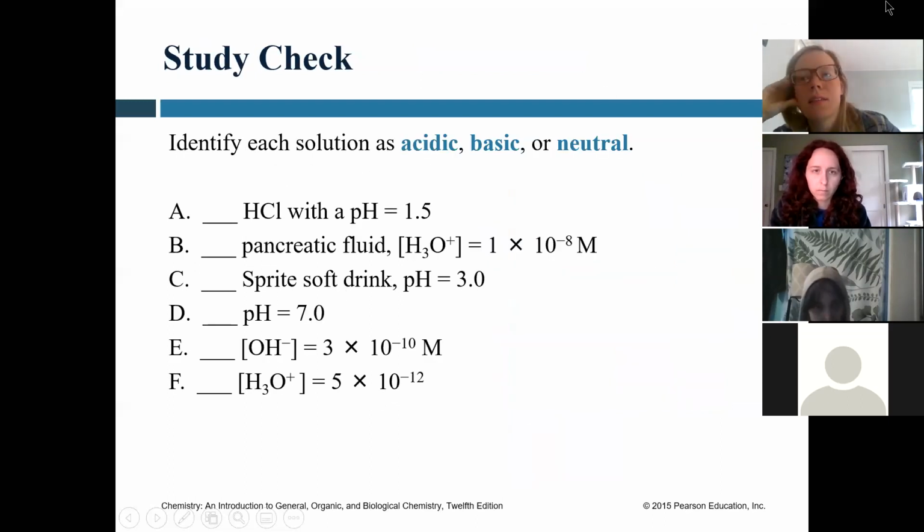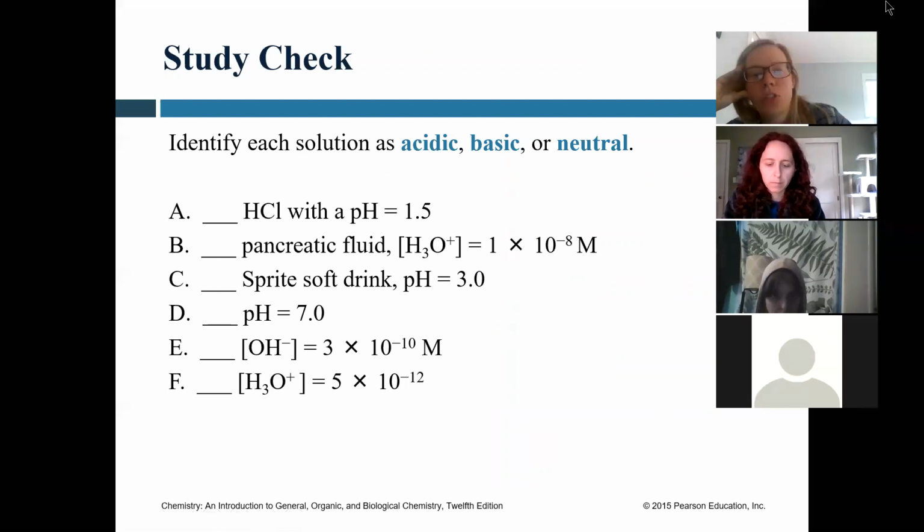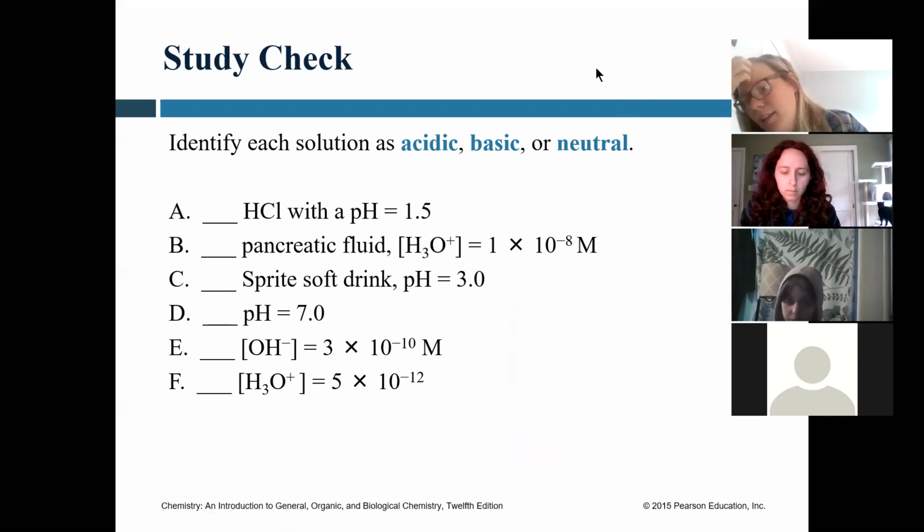So this says identify these as acidic, basic, or neutral. HCl with a pH of 1.5. That's definitely acidic. Any time you have a pH below 7, it's acidic. Pancreatic fluid has an H3O+ concentration of 1.0 times 10 to the negative 8.